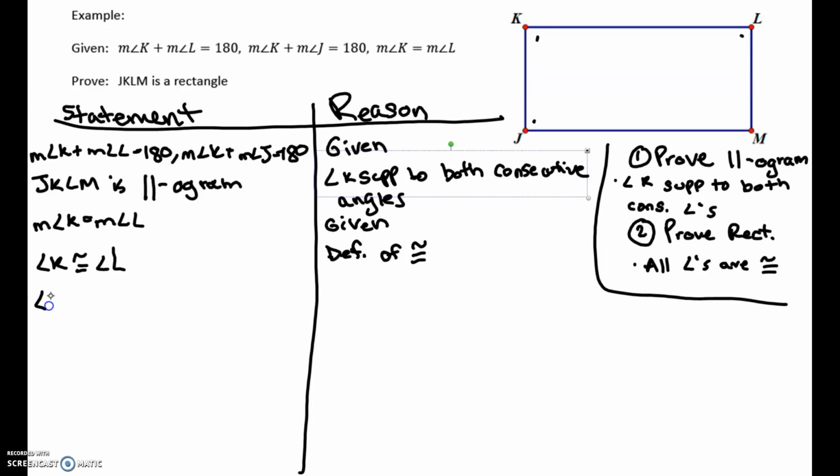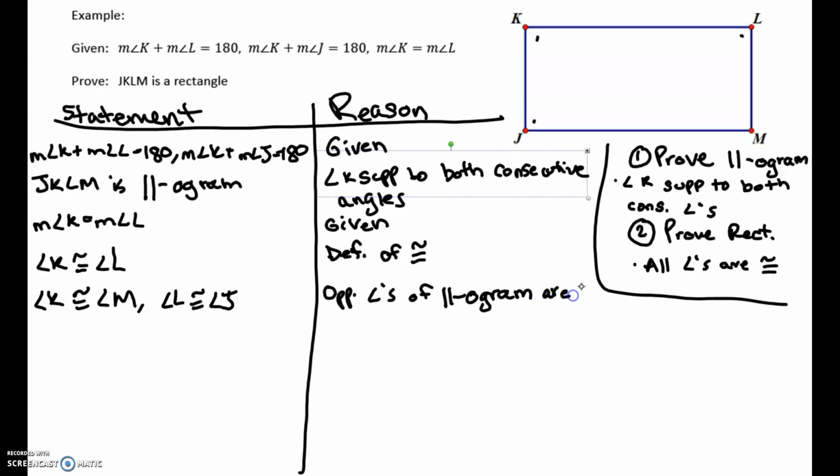So that means that angle K must be congruent to angle M, and angle L must be congruent to angle J, because opposite angles of parallelograms are congruent. Okay.